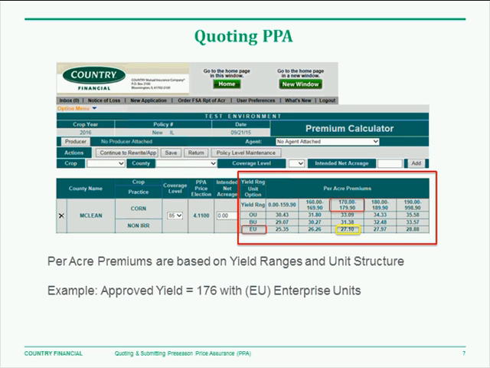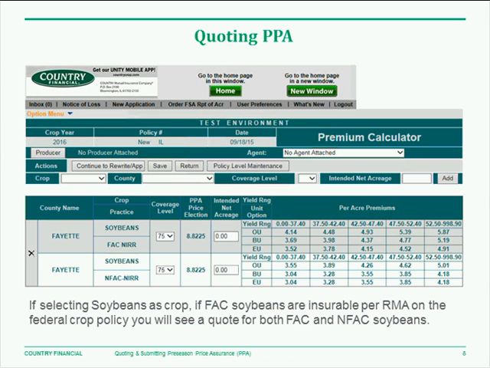So find the yield range and the unit structure, and then zero in on what that premium per acre would be. Again, this example shows what the PPA price selection is, the offering, and the premiums associated with it.